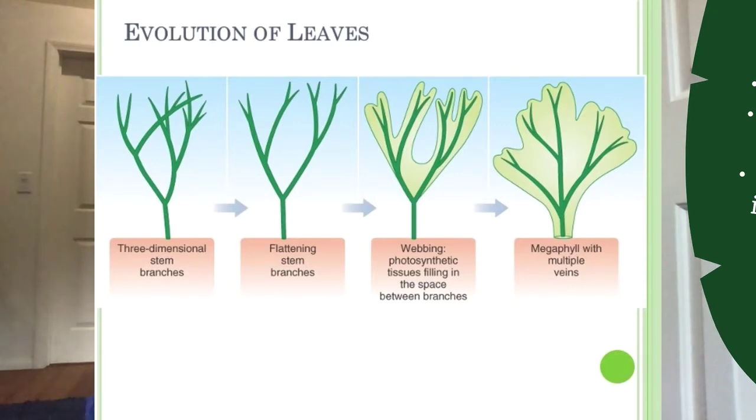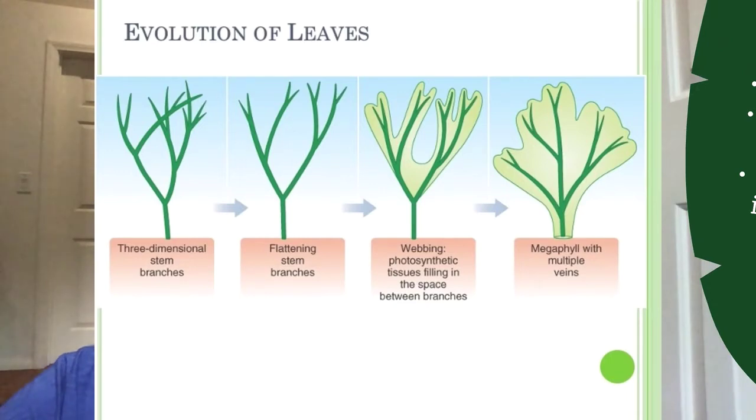So think about this formation of a true leaf, the megaphyll, from an evolutionary point of view, because one of the other things that leaves need to do when they're performing photosynthesis is take carbon dioxide from the air. We're going to look at leaves more closely in another lecture, but on the undersurface of the leaf, there are little pores called stomata. They're little holes in which CO2 can enter.